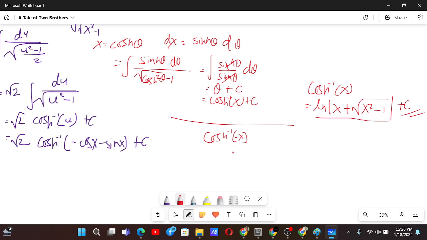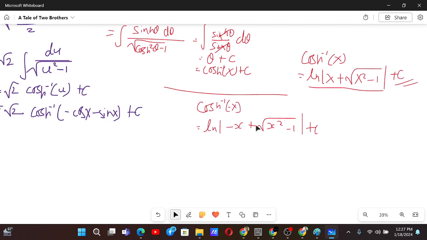Now this can be written as ln of minus x plus root under x square minus 1 plus c. Now since we cannot be sure if this is positive or not, but ln needs it to be positive, what we can do is take the minus sign and then reciprocal it.